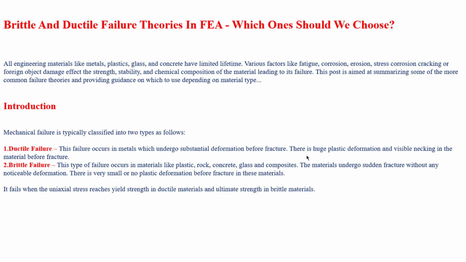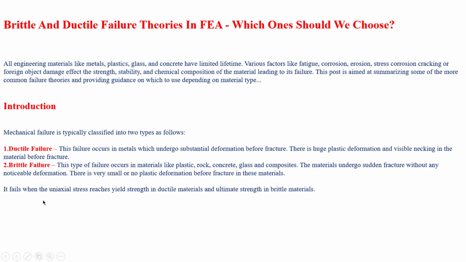When it comes to brittle failure, what exactly happens for materials like plastic, concrete, glass, composites and all? It will undergo sudden fracture, sudden failure. There are no noticeable deformations in it. Okay, very small, or there won't be any deformation. You need to remember that.